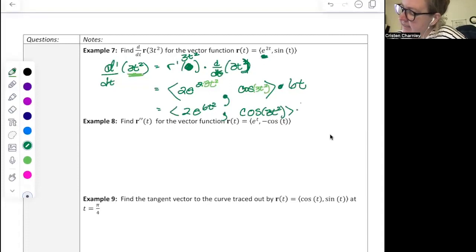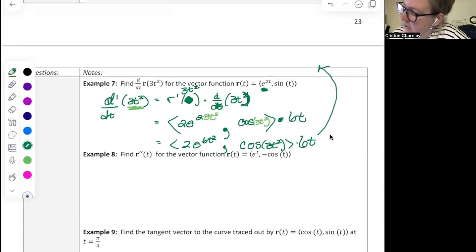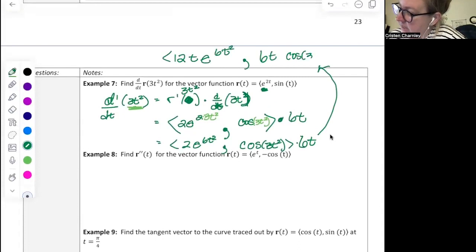Now, what do we do with the 6t on the outside? We'll multiply it through. So this becomes, and I apologize, I'm out of space here, 2 times 6 is going to be 12t, and then I'll have the e to the 6t², which is great. And then the second one is a 6t in the front, cosine of 3t². And I think, let me just double check, I think that's all we have to do.